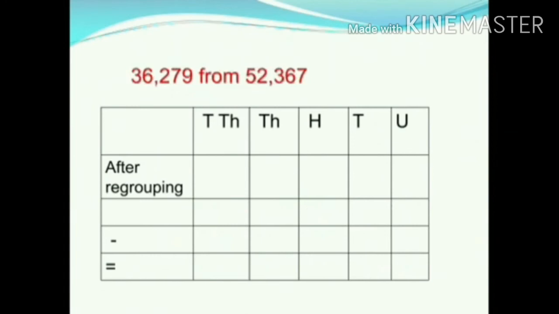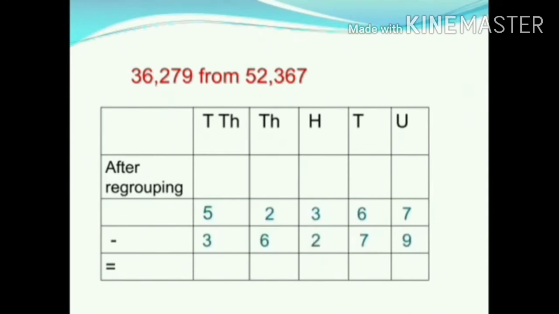Now we will subtract 36,279 from 52,367. First write the numbers in the vertical column according to place of each digit. Now we should subtract units place digits. Which digits are there in units place? 7 and 9.